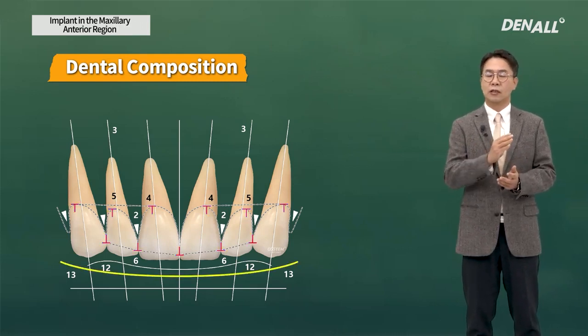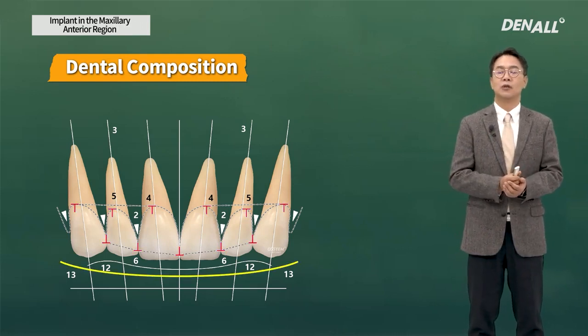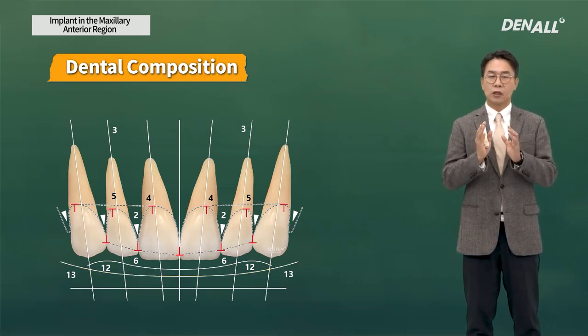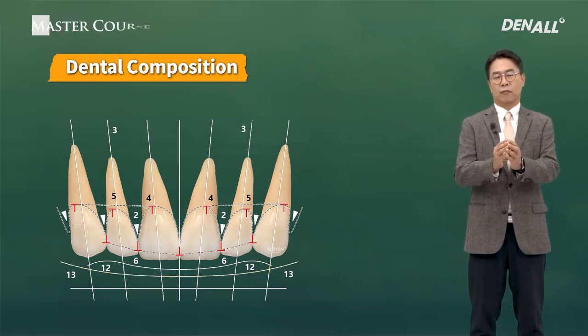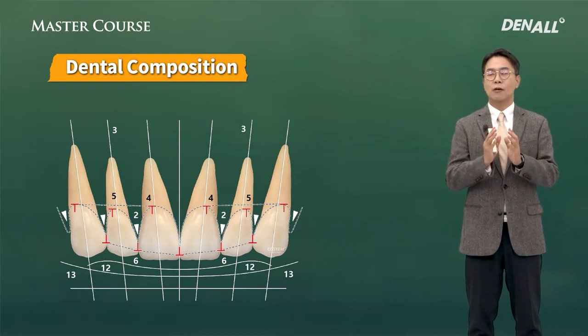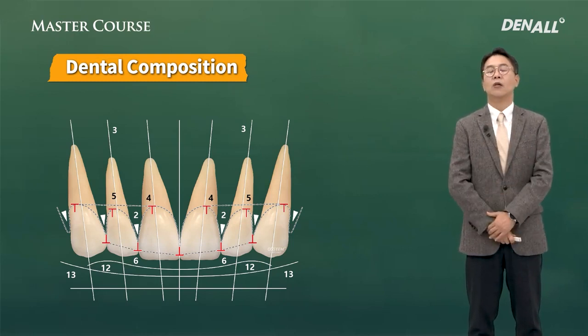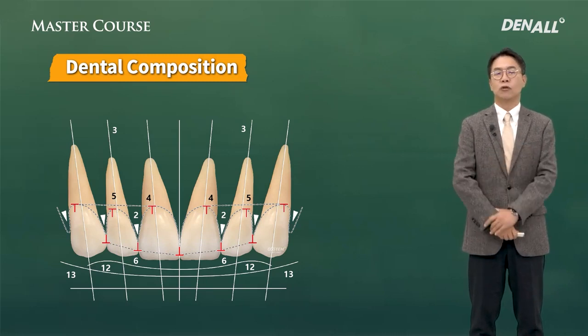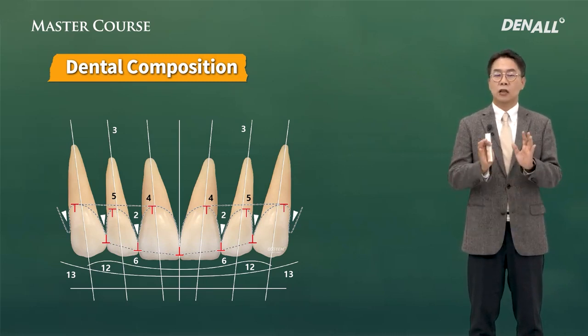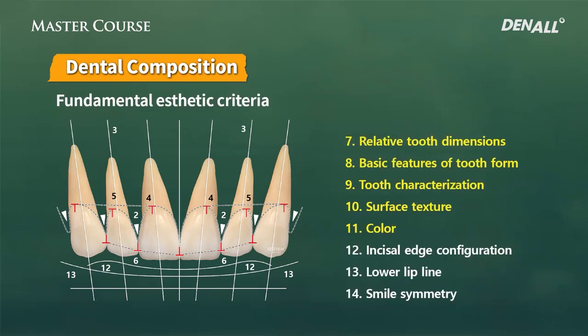And after that, we need to look at the smile line, the arch area. If they are in harmony and pretty, we can realize they look very beautiful. Such alignment is the composition of dentition.